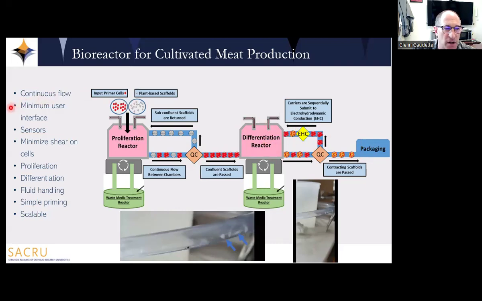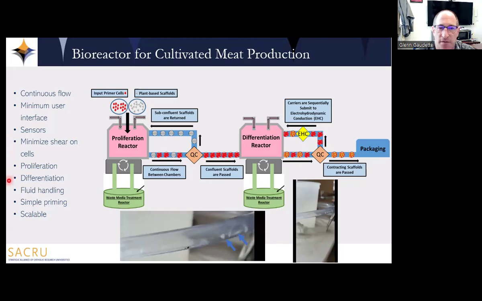Some of the things we've got to think about: we want a minimum user interface, so we don't want too many people running this system. What kind of sensors are we going to need? We want to minimize the shear. The shear is, as the blades are spinning around, the stress it creates on the cells. How much do we want to proliferate them?